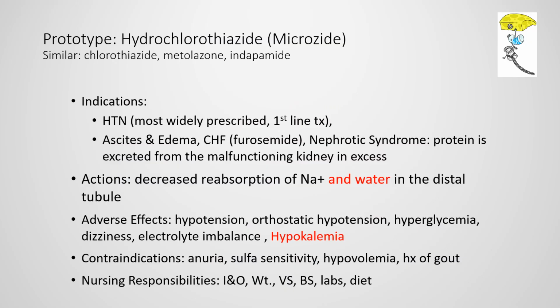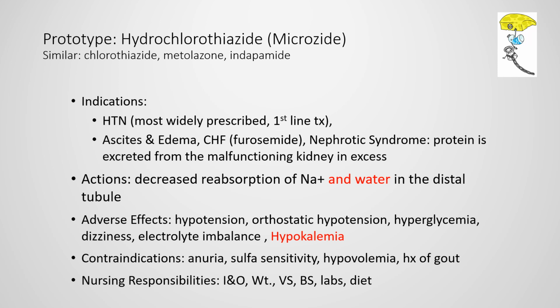So let's start with a diuretic here, hydrochlorothiazide. And remember, this is in the thiazide diuretics. If you remember that image of the nephron, this falls into the thiazide diuretics. There's other ones that are similar to it, but really this is the prototype one, hydrochlorothiazide. And it works on the distal convoluted tubule.